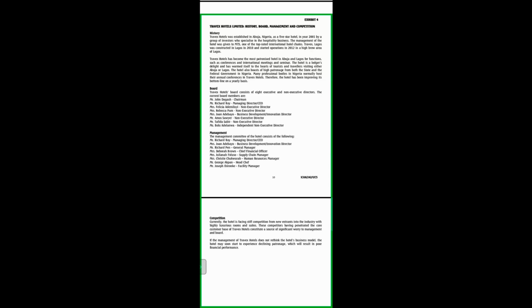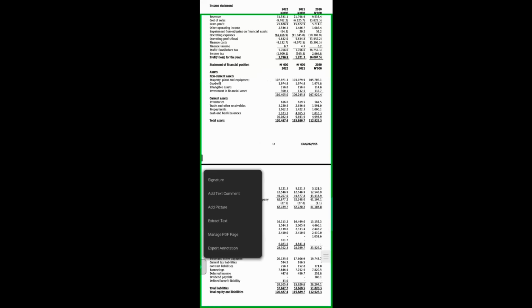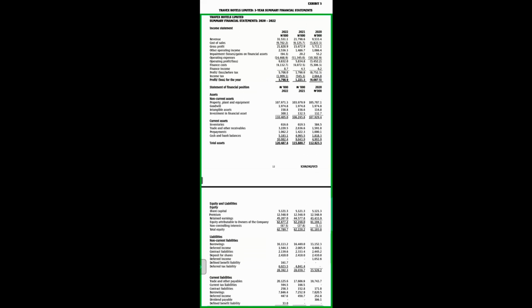Could we be required to say anything concerning that fact? I'm not sure they will ask you to say anything concerning the board members. I'm not sure they will go that low.